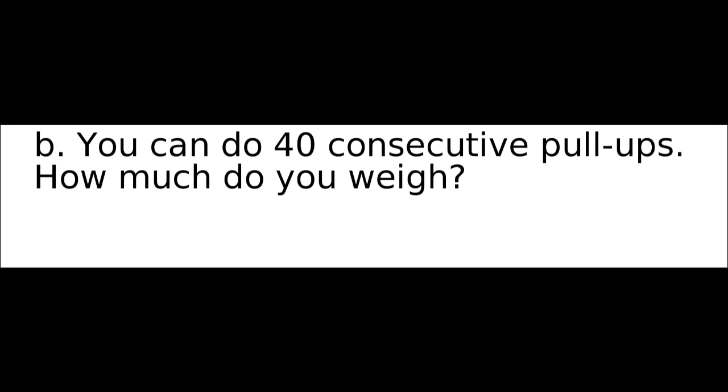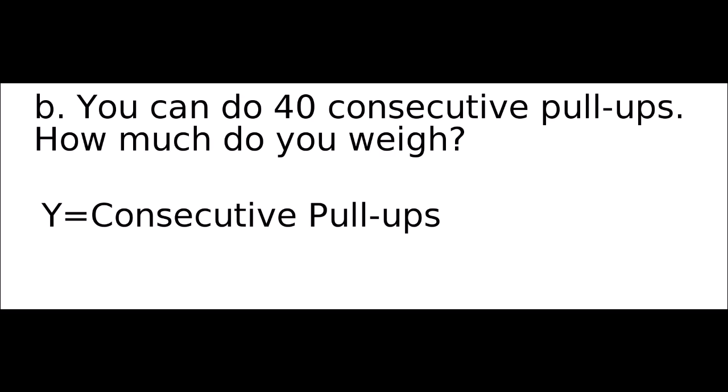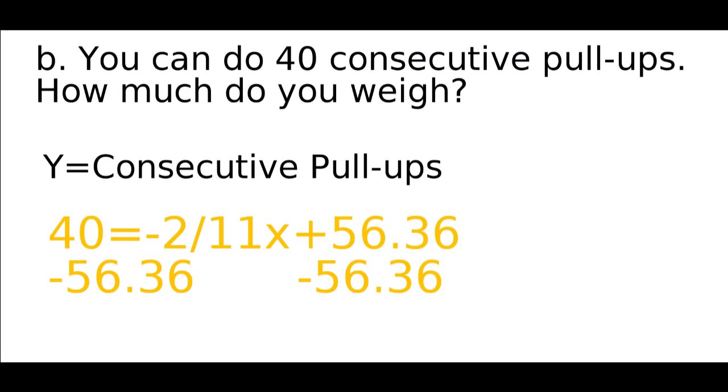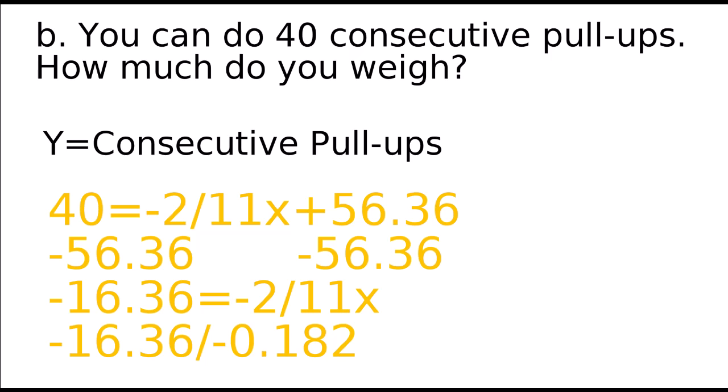Okay, so for question B, you can do 40 consecutive pull-ups. How much do you weigh? So y is our number of consecutive pull-ups. If we plug in 40 for y, then solve for x, we get 40 equals negative 2 over 11x plus 56.36. So we subtract the 56.36 from both sides, and we get negative 16.36 equals negative 2 over 11x.